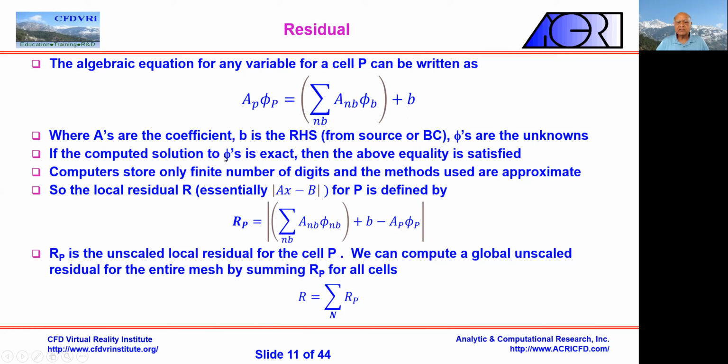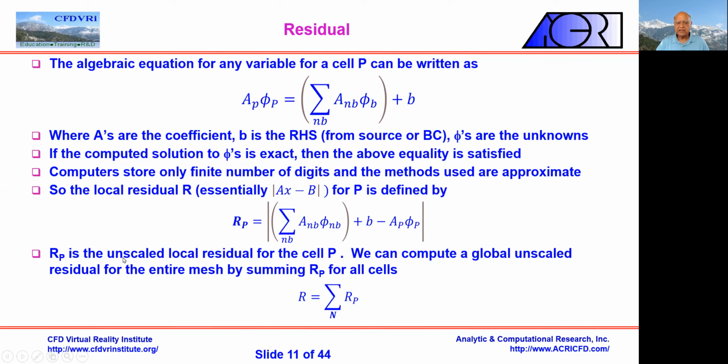So the solution phi is computed, and the above quantity is satisfied. But computers, for a number of reasons, round off and other things, may not compute the solution exactly. So there is a residue. That residue is the residue of that equation minus the diagonal component, right? So that's the residue of that equation.